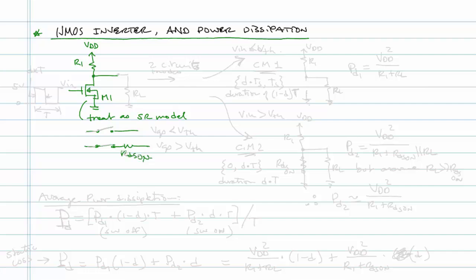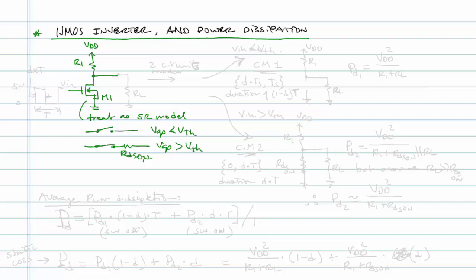This is a very simple model, but it'll suffice for what we want to do. So this is when VGS is less than V threshold. This is when VGS is greater than V threshold. And at this point, you know enough about MOSFETs to know that the fully closed state does not occur just a nanovolt past the threshold. You have to go some distance beyond that.